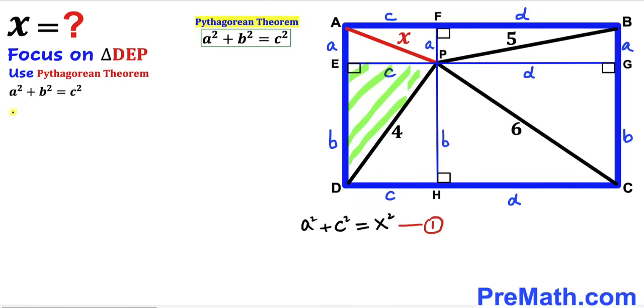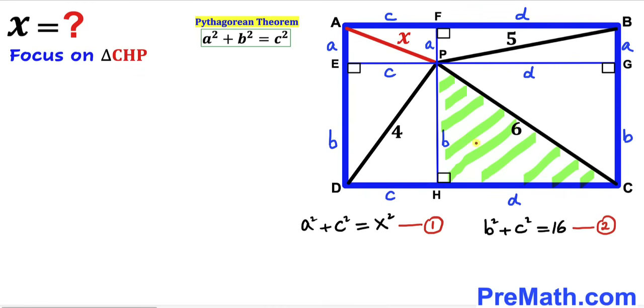We are going to have b square plus c square is going to be equal to 4 square. If we simplify, that gives us b square plus c square equals 16. I'm going to label this one as our equation number 2.